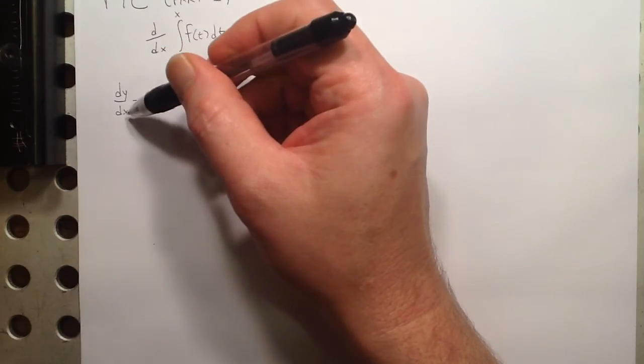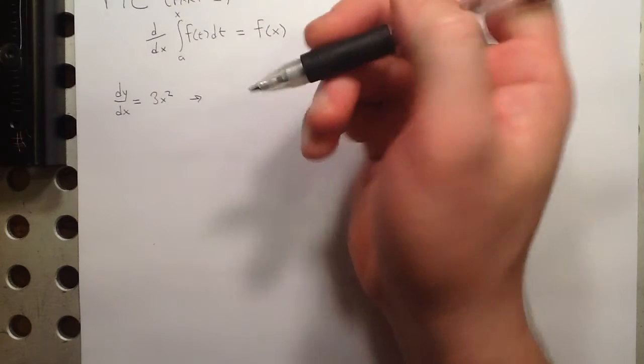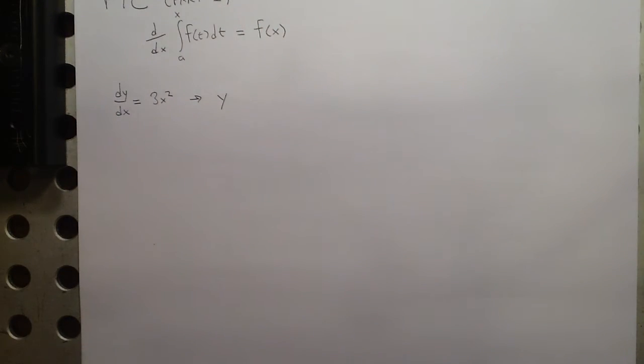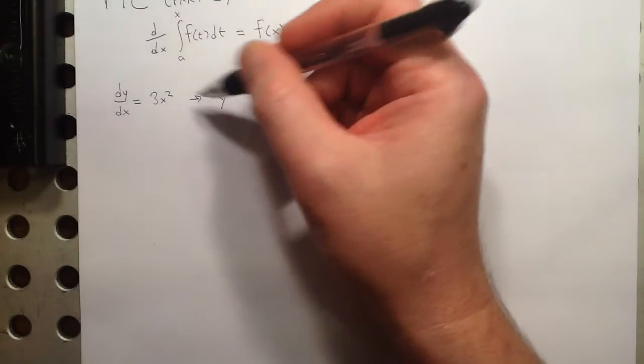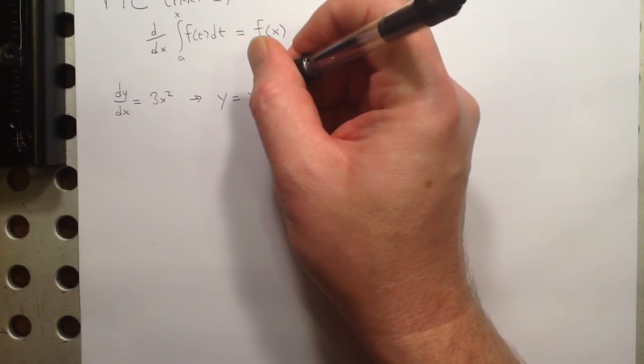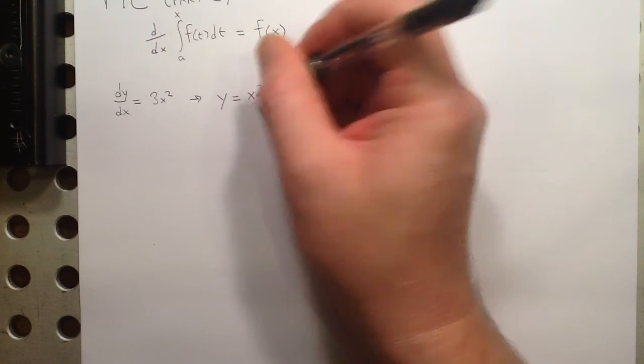Well, if the derivative of some function is 3x squared, what might the original function have been? We've talked about this idea before, right? What is this the derivative of? Well, 3x squared is the derivative of x cubed, right?